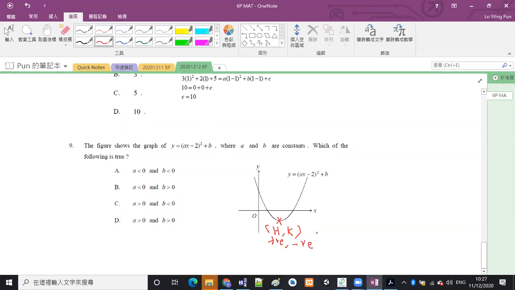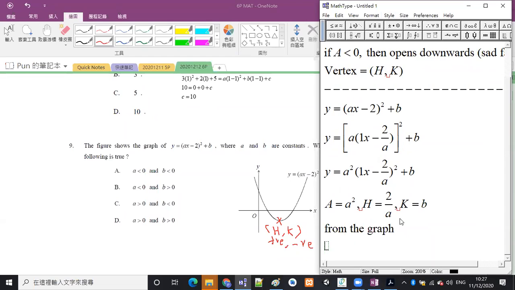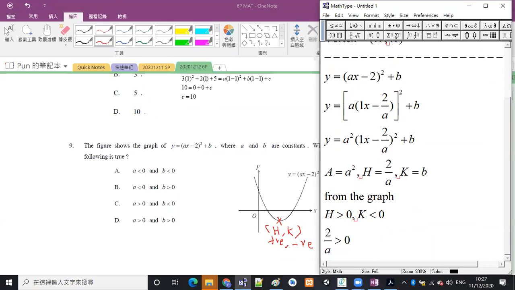Okay, so from the graph, we have got this information. From the graph, we've got h should be larger than 0, and k should be less than 0, because h and k are the x, y coordinates of the vertex. Okay, so our h value is 2/a, and it should be larger than 0.